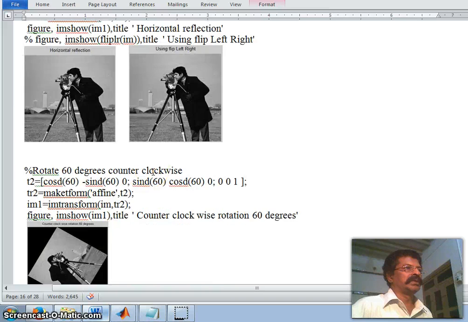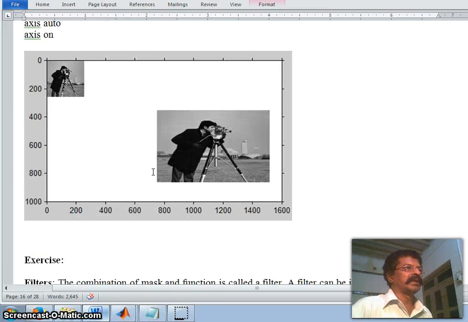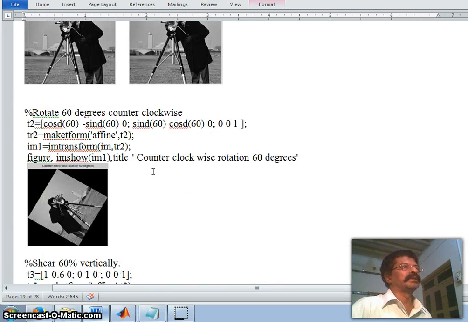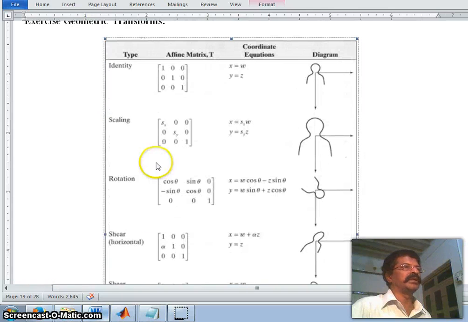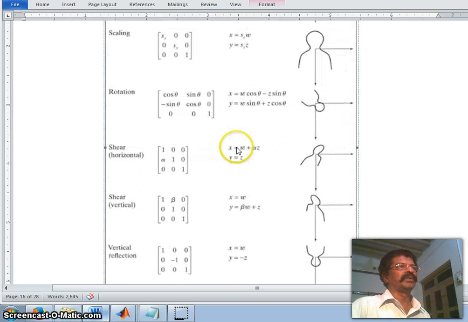So this has given a basic understanding of the geometric transform on the image. Suppose the transform is an identity matrix, then the image will remain as such without any change.